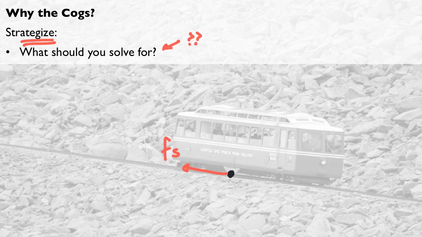Then we can ask ourselves, can it be that big? If the answer is yes, it could climb it. If the answer is no, it can't. So let's solve what friction force would be necessary and then ask ourselves, is it possible? That's my strategy.